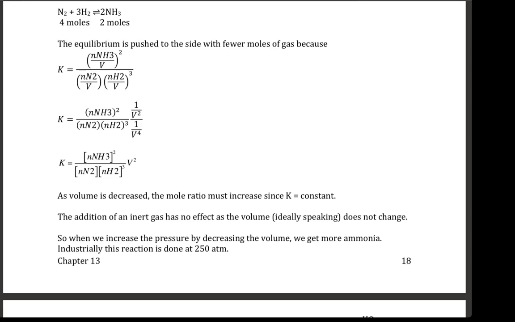So if we decrease V, then that mole ratio must increase such that the mole ratio times V squared remains a constant value. So squeezing it down is going to make the N of the NH3 part increase.